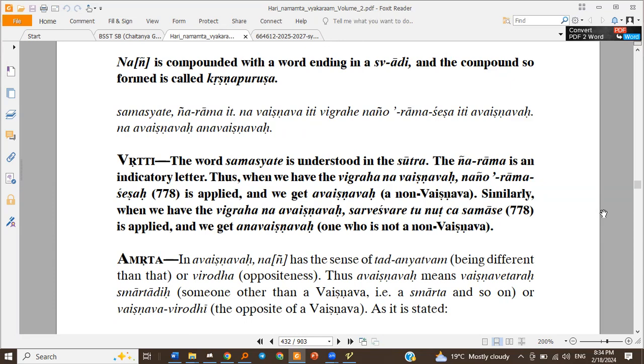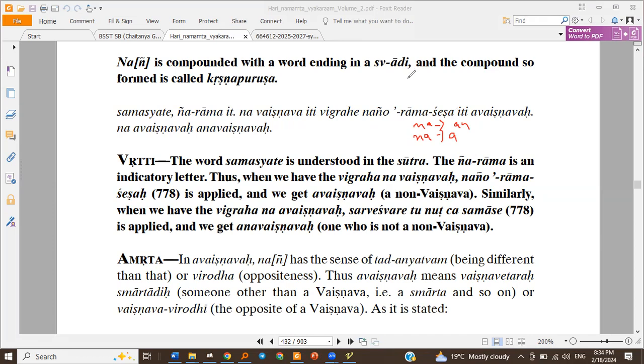So basically, when we have any word beginning with the Vishnu Jana, then the Na turns into A. And when we have a word beginning with the Sarveshwara, then in simple words we can say Na turns into An.